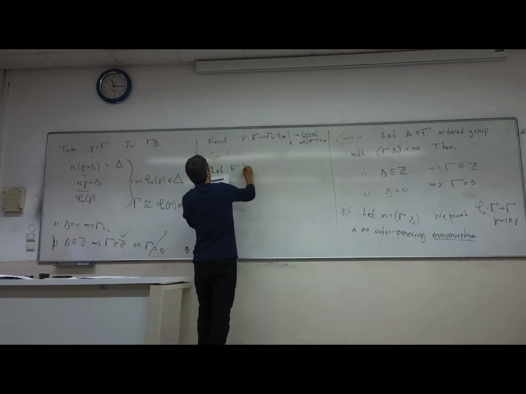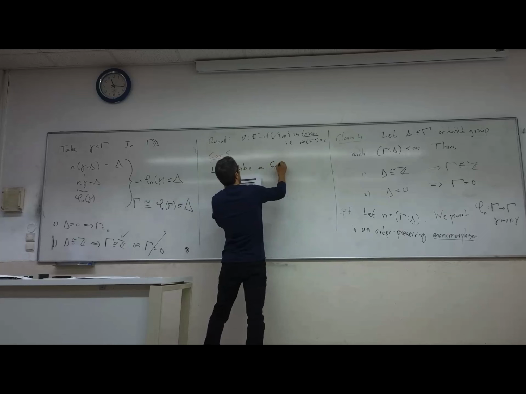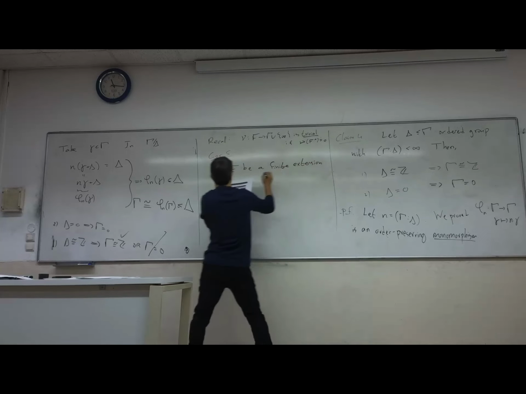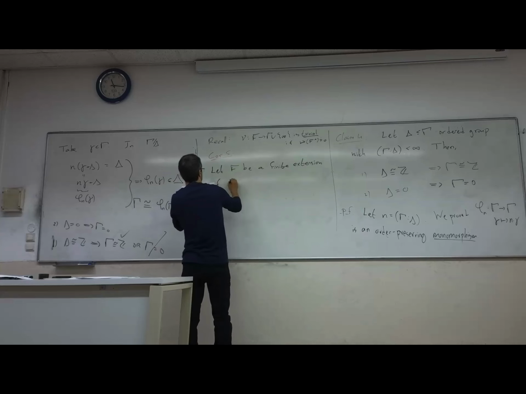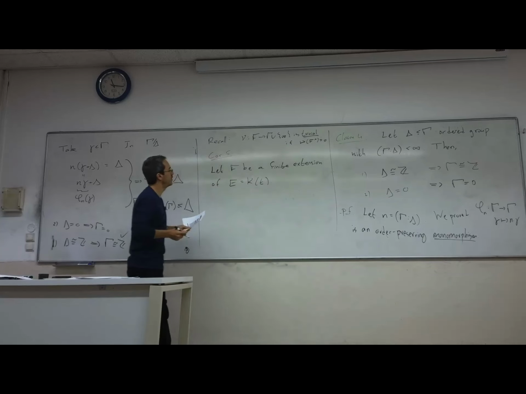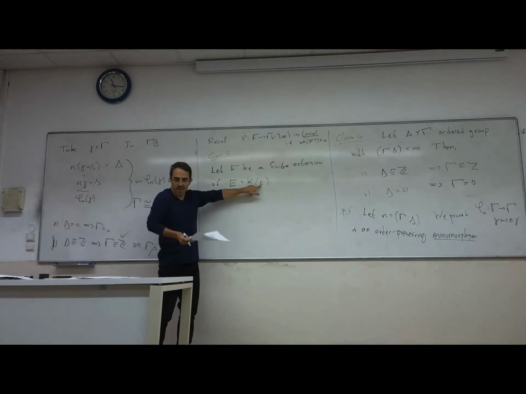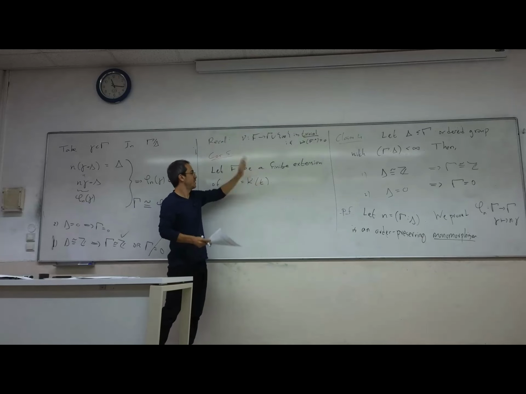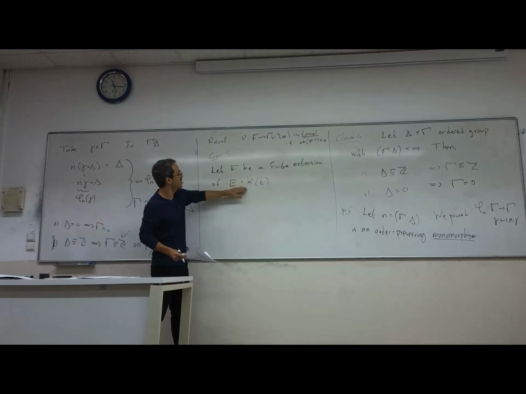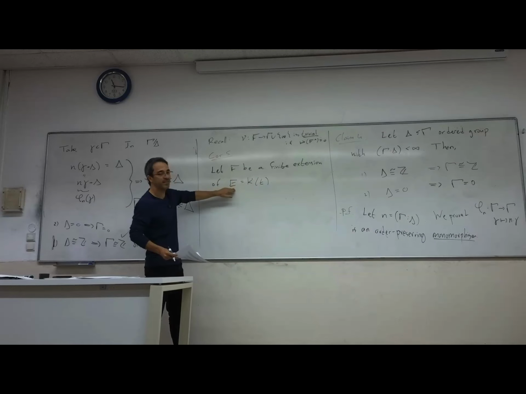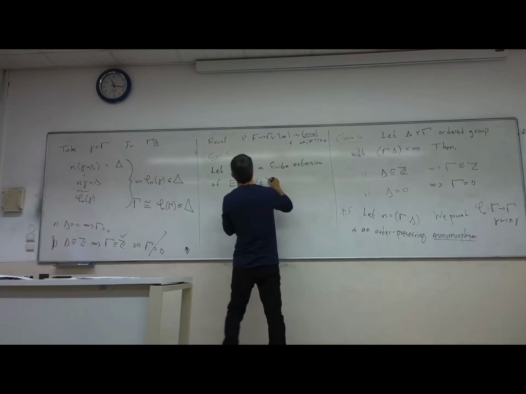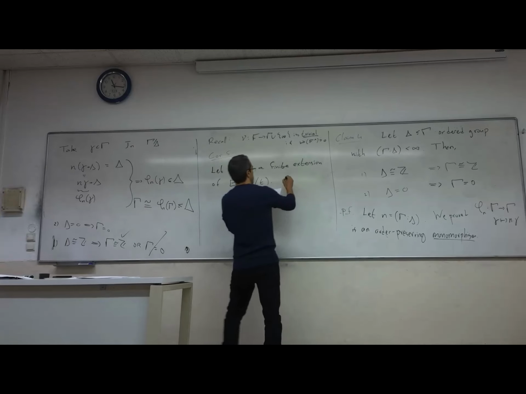Let F be a finite extension of the rational function field. So T is just a transcendental element or symbol, okay? And E is a rational function field in T, and F is a finite extension of it, in the sense that the index is finite.